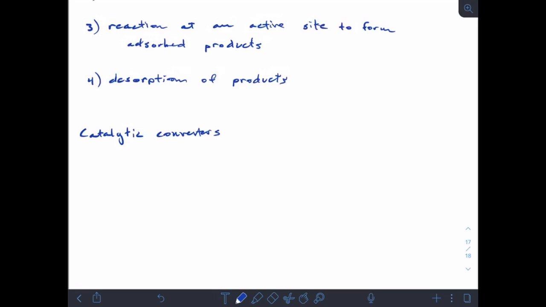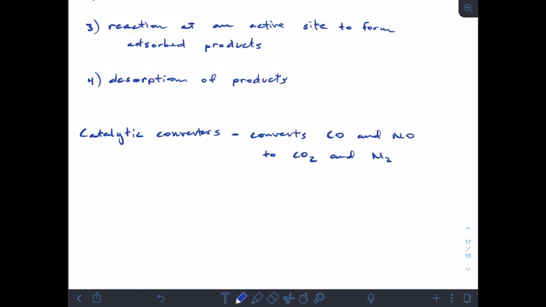But as a scientist now, I understand that it's a converter that uses catalysis. And it converts harmful carbon monoxide and nitrogen monoxide to CO2 and N2, excuse me.